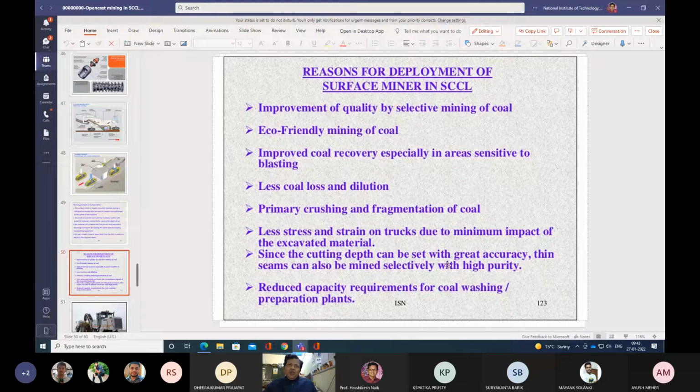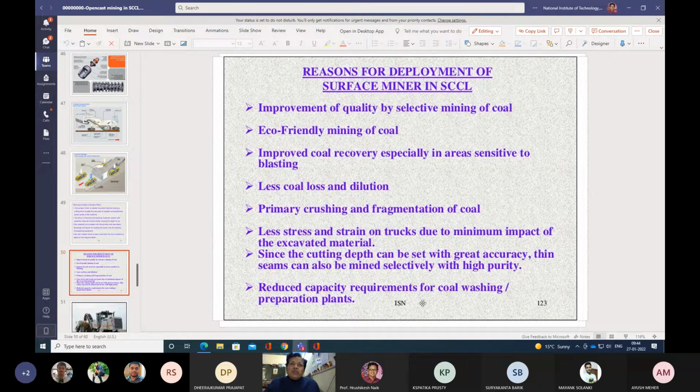Since the cutting can be set with great accuracy, you can exactly set how thin seams can also be mined selectively with high purity. If the thickness of the coal seam is very thin, it can also be mined selectively with high purity, high accuracy.